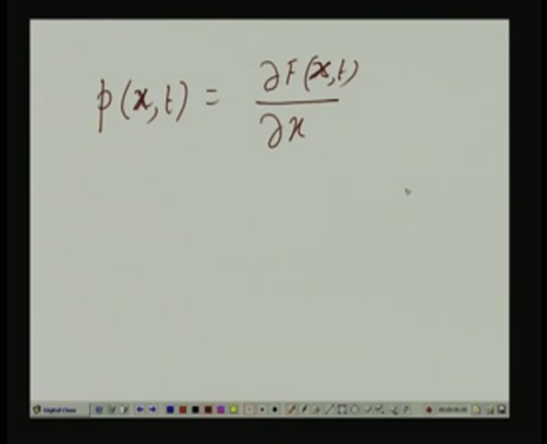Actually, any continuous valued random process you can view also as an uncountable infinity of random variables. Okay. Let me explain actually what is countable and what is uncountable.